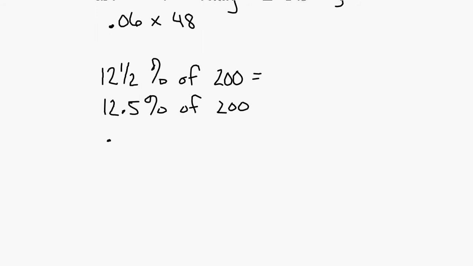So this would be 0.125 times 200. And it looks like most of these are either centimeters or kilograms, so 0.125 times 200, and that's 25. Okay, so 12.5% of 200 is 25.